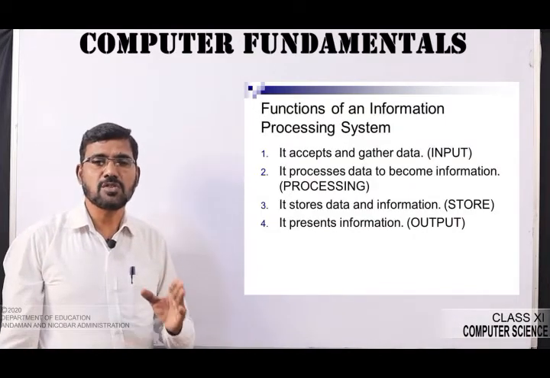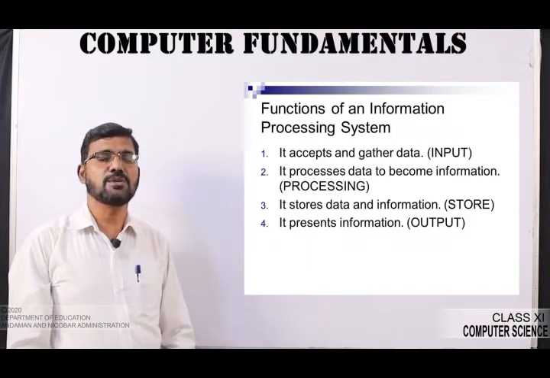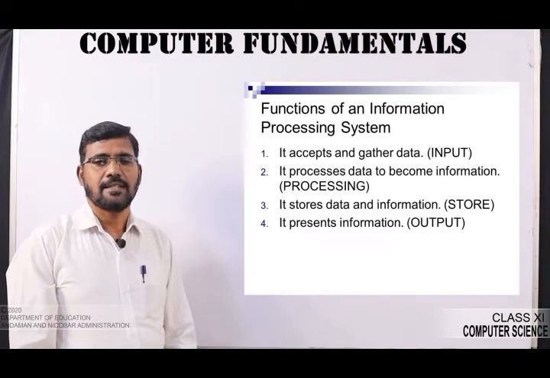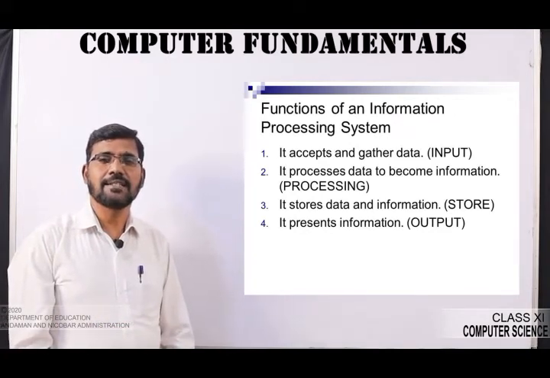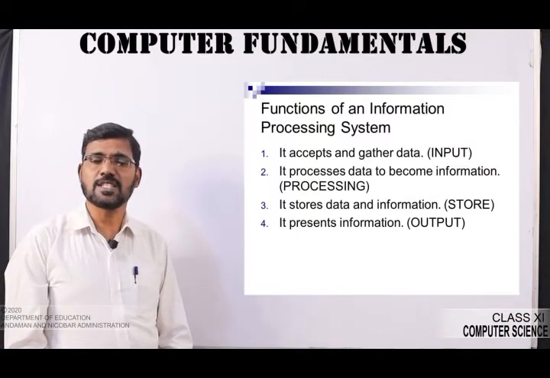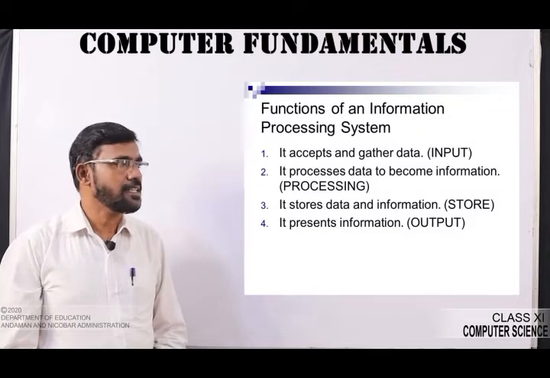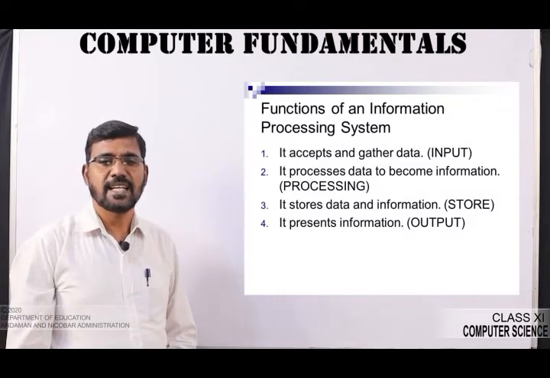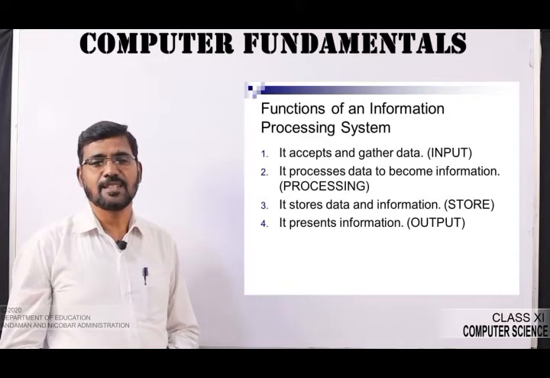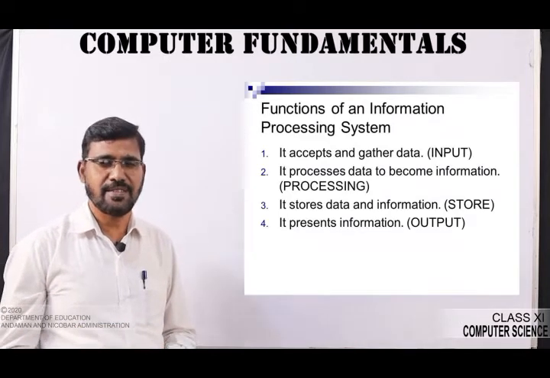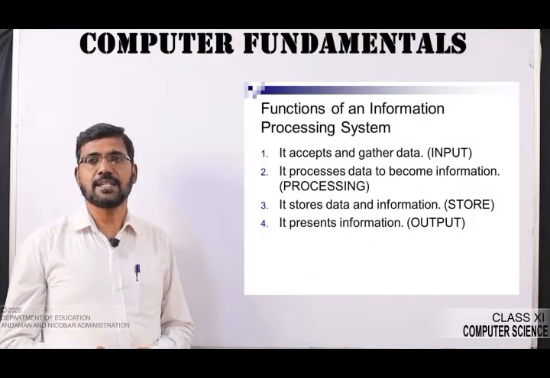Functions of an information processing system: how does it actually function? Categorically, you can say there are four: input, processing, store, and output. Input means it accepts and gathers data.